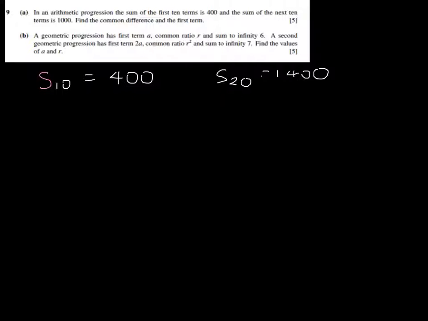So we've been asked to find the common difference, which is d, and the first term, which is a. And what we have now is two different sums at certain points in the sequence. We know that the formula for the sum to any term is n over 2, 2a plus n minus 1 d. So what we can do now is set up two equations.